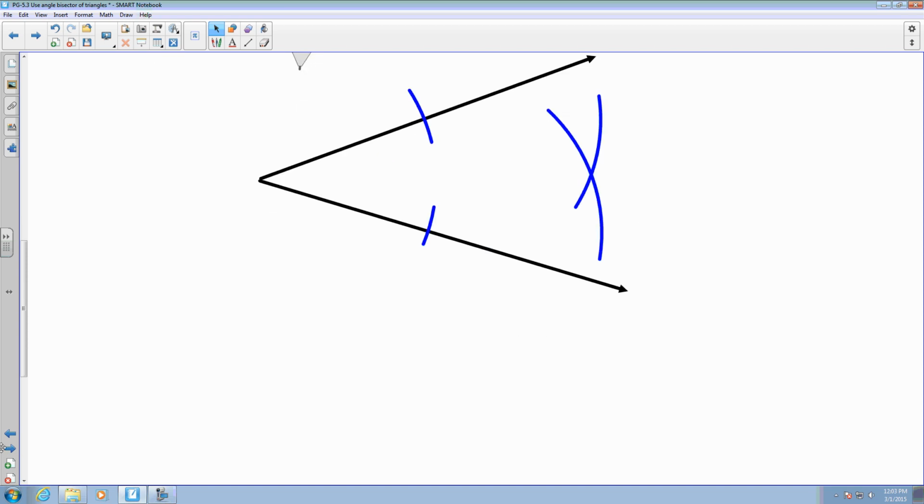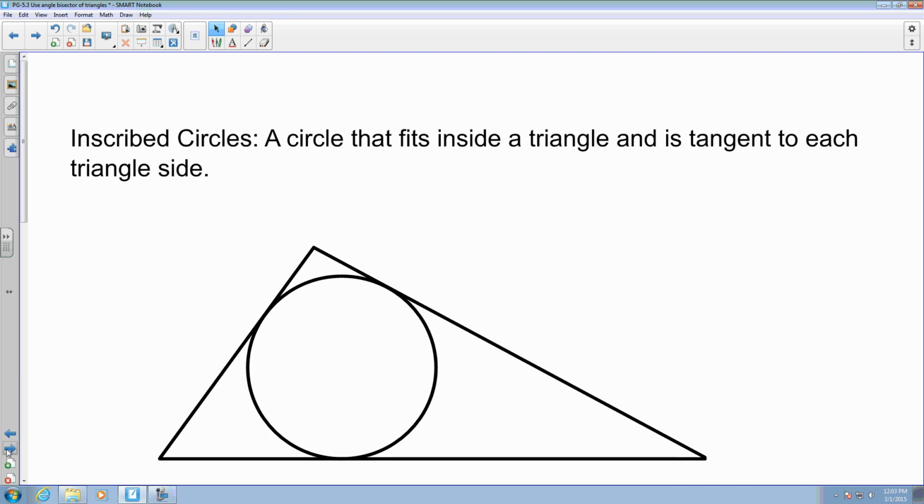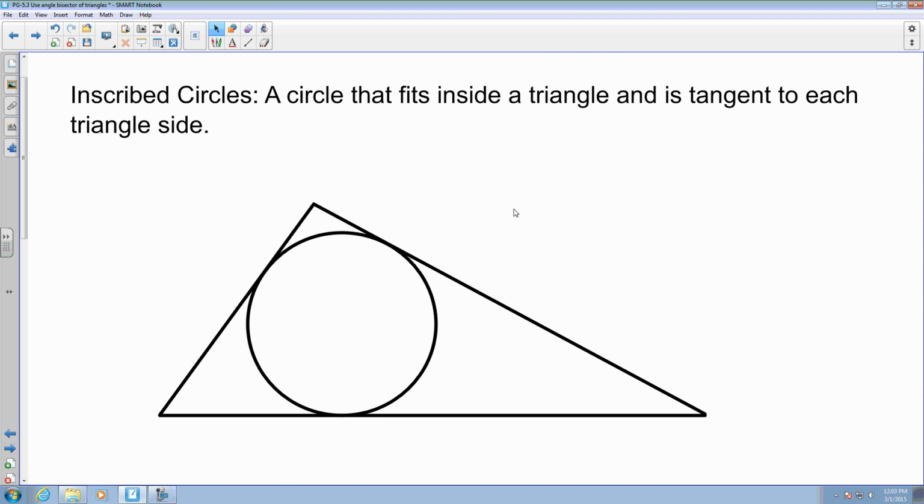Okay. The second thing from this, using angle bisectors, we can get what are called inscribed circles. And this one is a circle that fits inside a triangle and is tangent to each triangle side. Okay, and what we're going to do here is very similar to what we did in section 5.2 when we talked about perpendicular bisectors.